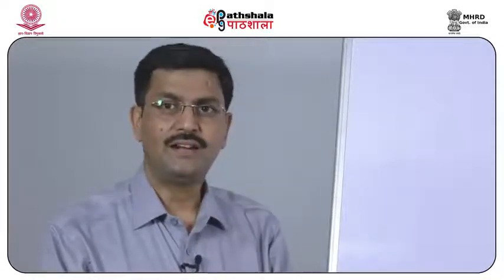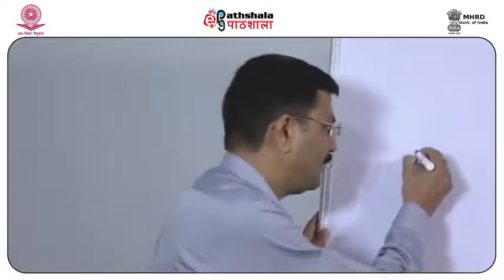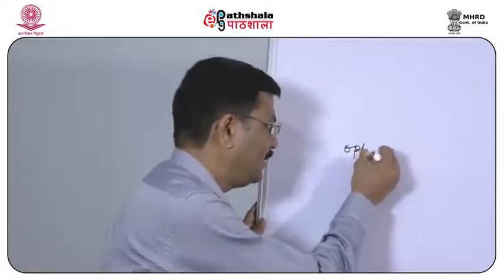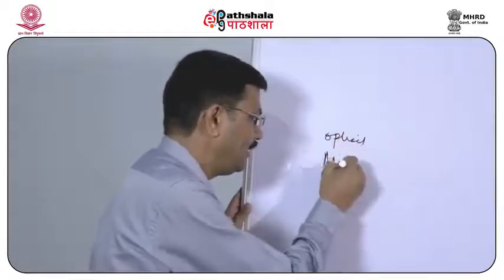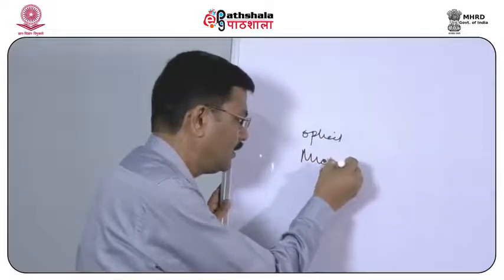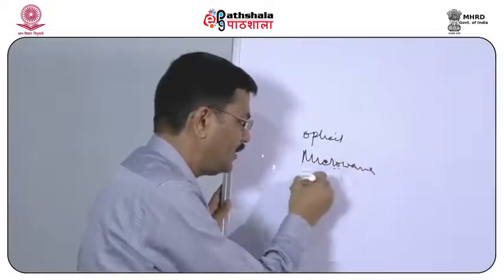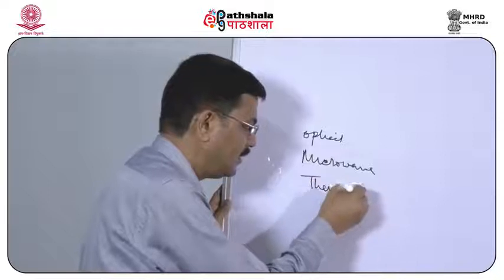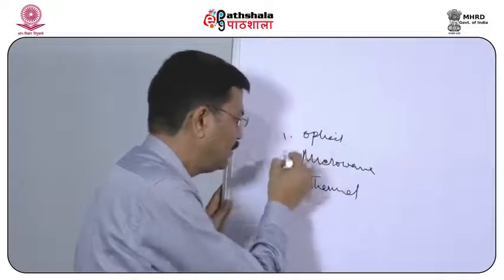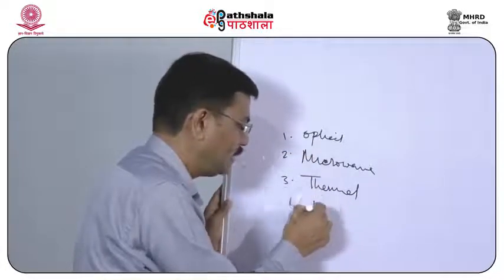So, friends, we are trying to see what the different data being used in geology are, and I have shown you that there are data right from optical to microwave to thermal, and to hyperspectral.